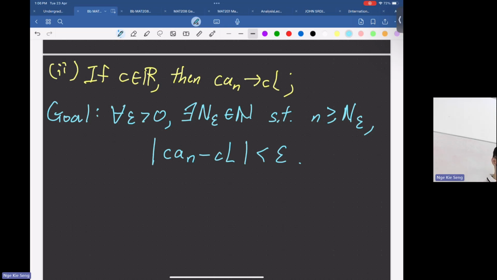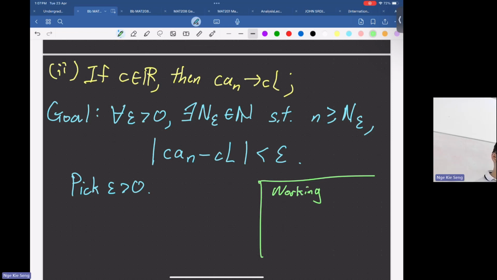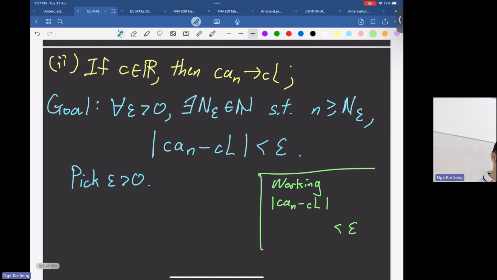So our goal is to prove it for all epsilon, so you need to pick an epsilon here. Let's try and do some working. You want to prove that this absolute value is less than epsilon, right? But what do you know? What's the assumption? An converges to L, meaning what?